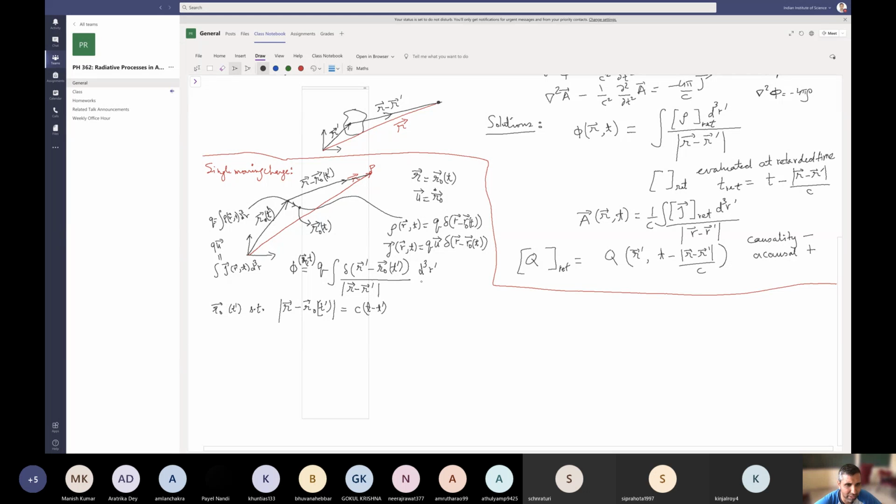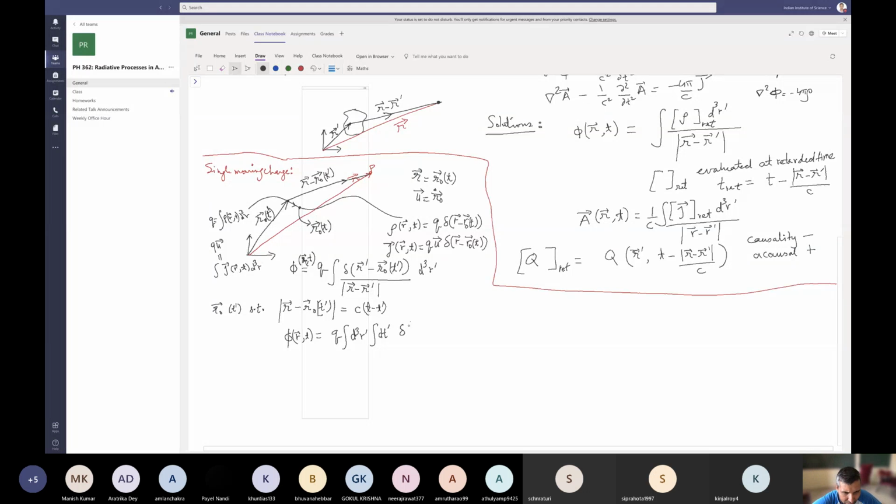So this is fine. What we can actually do is write phi is equal to, we can actually introduce another integral here. So let me just write this. d3 r prime, this is the volume integral, and then I introduce an integral over time, dt prime. Okay, all the retarded times.